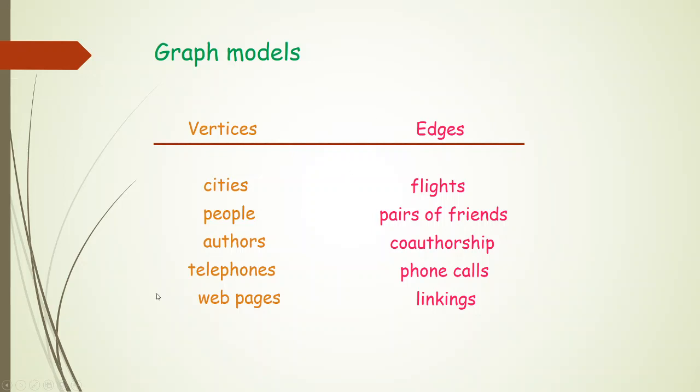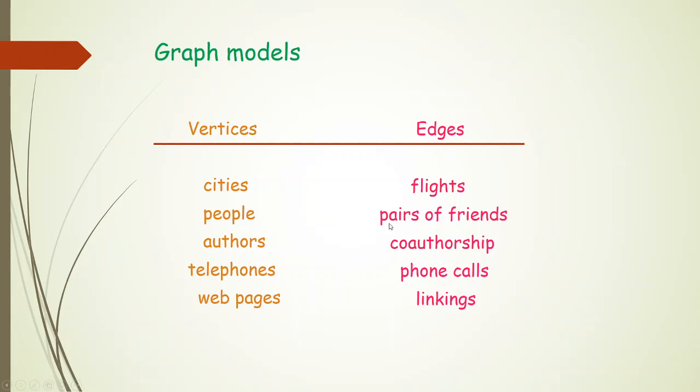And then, as I have mentioned, graph theory has many applications. So you can use graphs as models, where the vertices will represent cities and the edges will represent flights between cities. Or you can use a graph as a model where the vertices will represent people and the edges will represent pairs of friends.